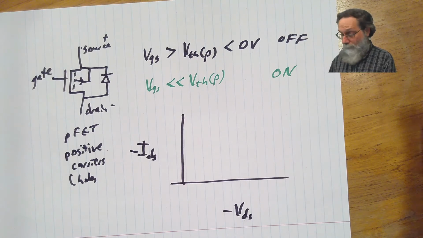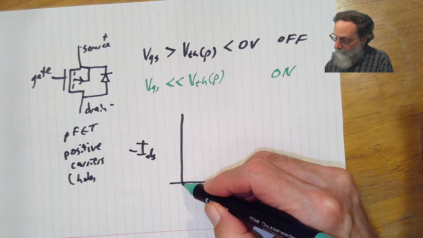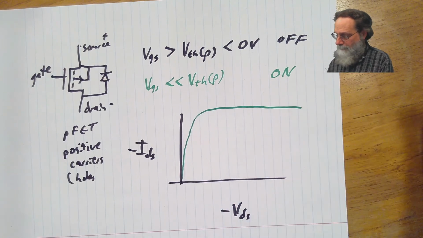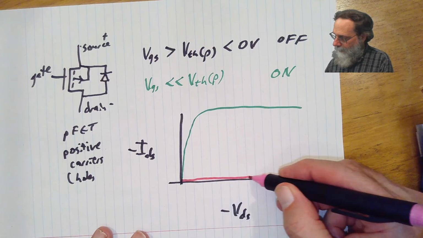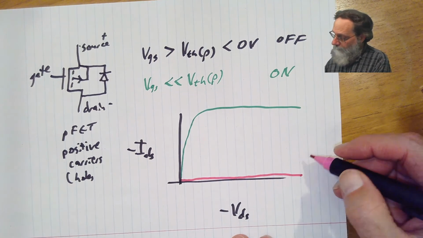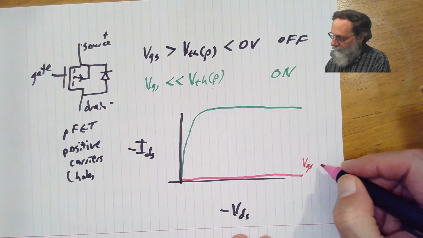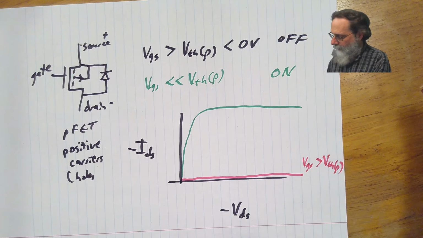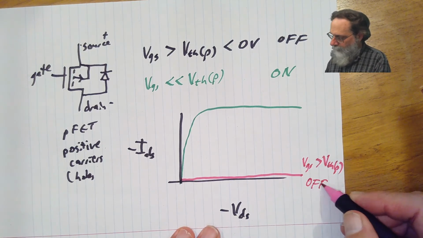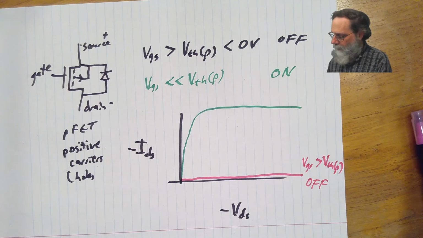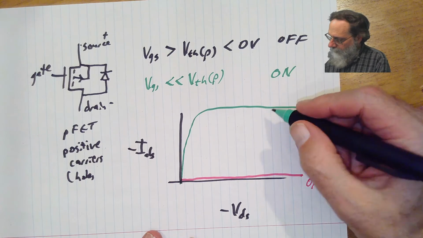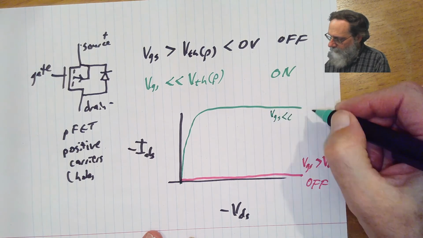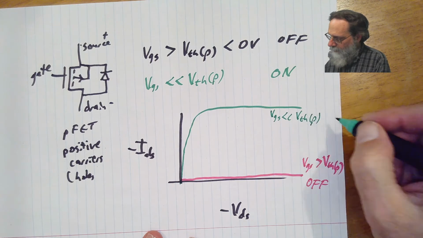And things look very much like they did before. We still have an on transistor, and we still have an off transistor, and this is for VGS bigger than V threshold P for off, and this one is VGS much less than V threshold P, which is in turn less than 0 volts.